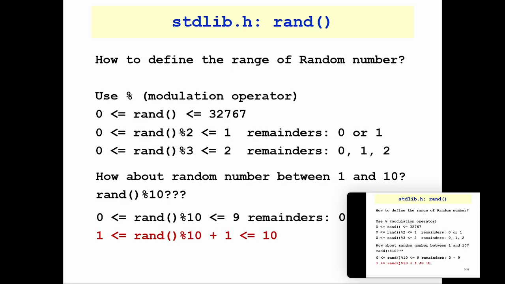Yes, because you added 1 to 0. So let's say rand % 11. What's going to be the range? Is it still 0 to 10, yes? Not 1 to 10, is it?